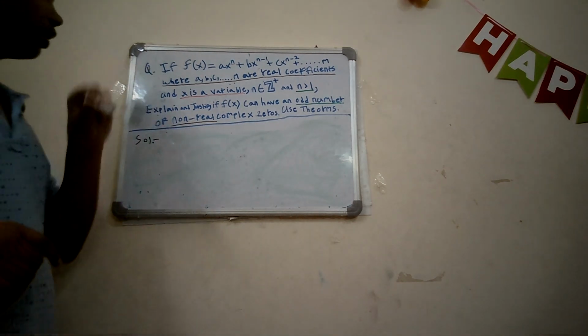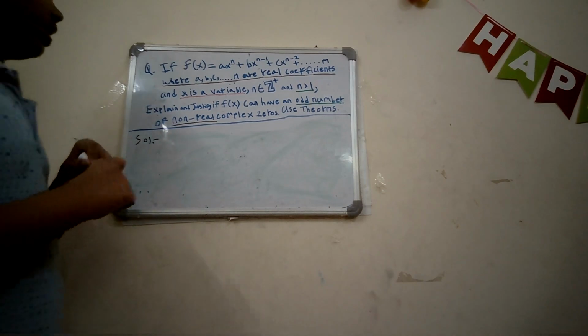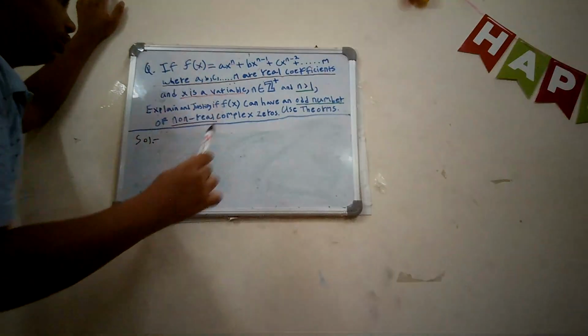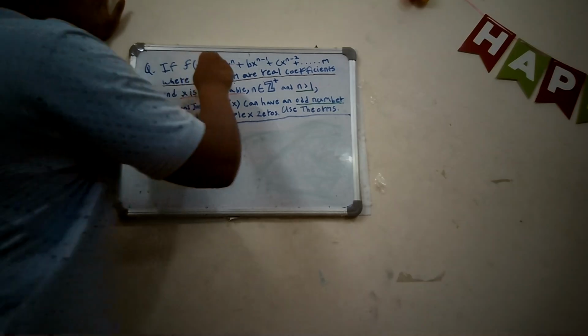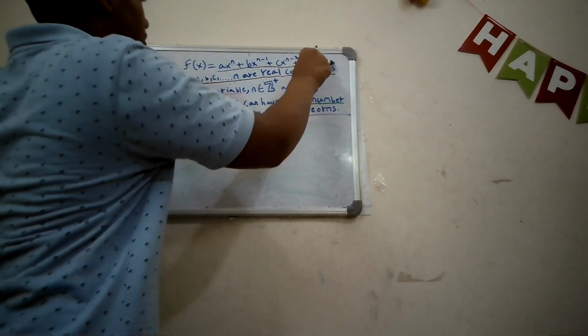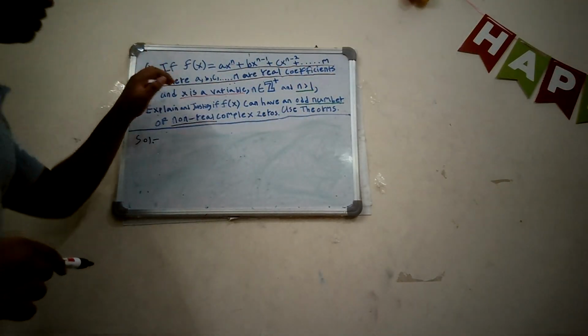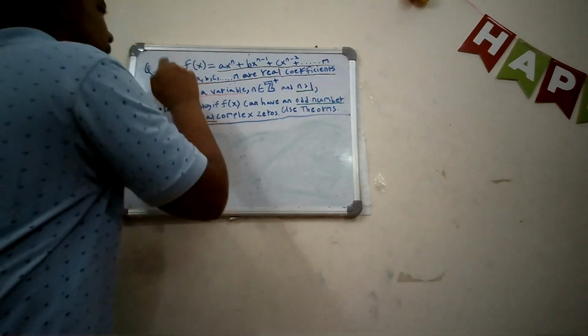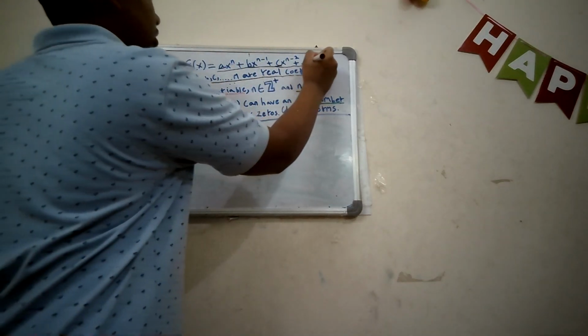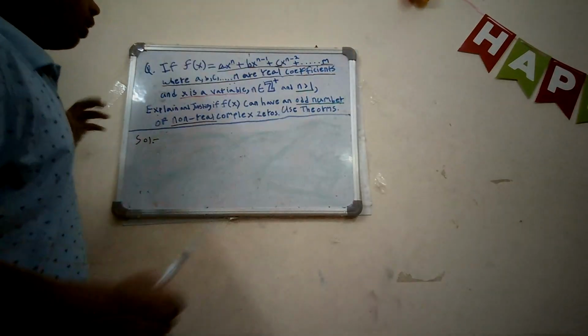Okay, look. Now, let's read the question. It says, if a function is equal to this expression, where a, b, c, up to m, all the way up to m, like d, e, f.